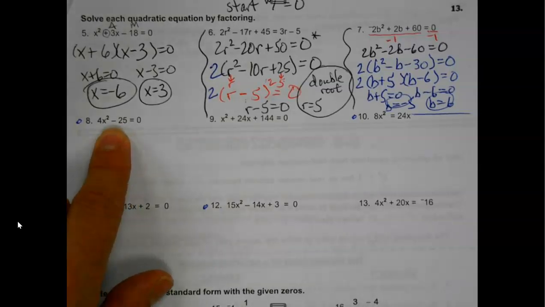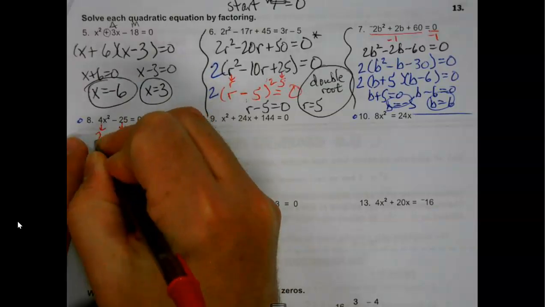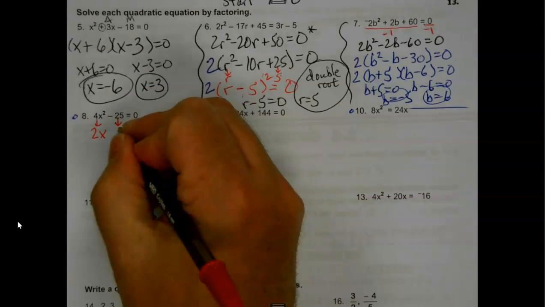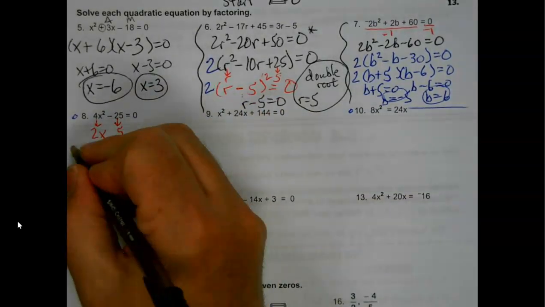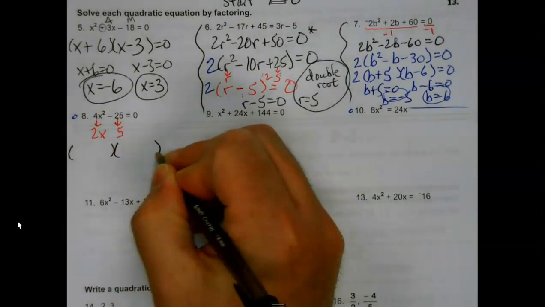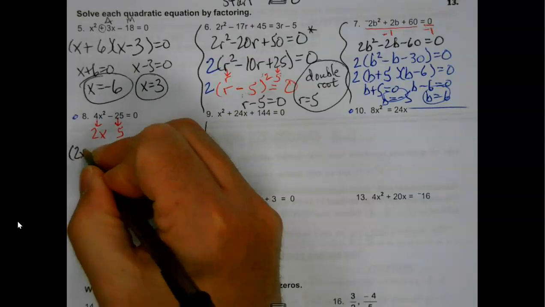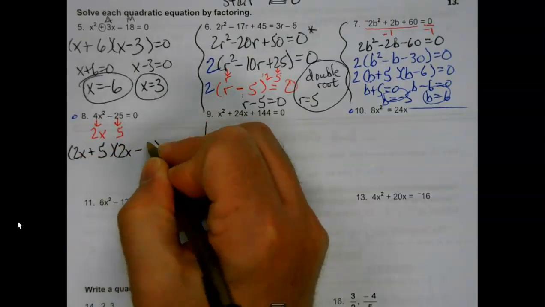Difference of squares. I squared 2 to get 4 and x to get x squared. I square 5 to get 25. And again, we've got to know the form on this one. First plus second, first minus second.